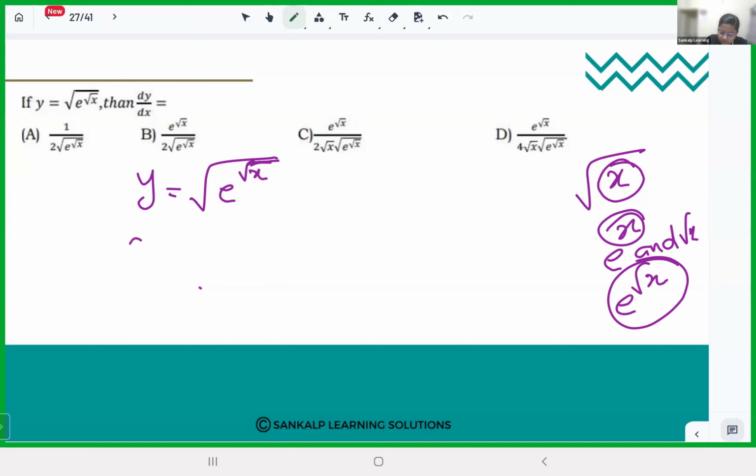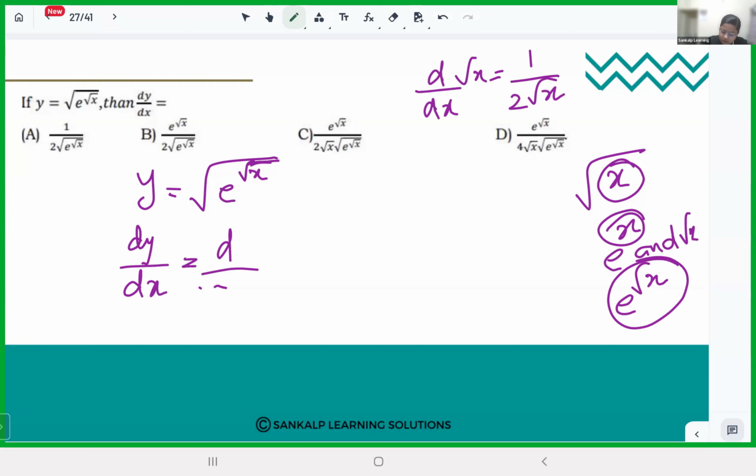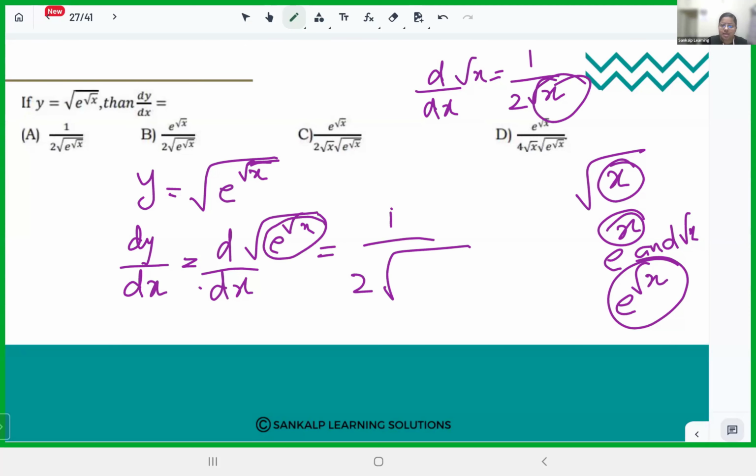Okay, so what will be the derivative? dy by dx is equal to, we know the derivative of root x is nothing but 1 by 2 root x. Okay, so similarly, d by dx of root of e raised to root x is equal to, what will be that? 1 by 2 root of, here it is x, but here we are assuming this e raised to root x as x. So inside the root value, it will be e raised to root x.